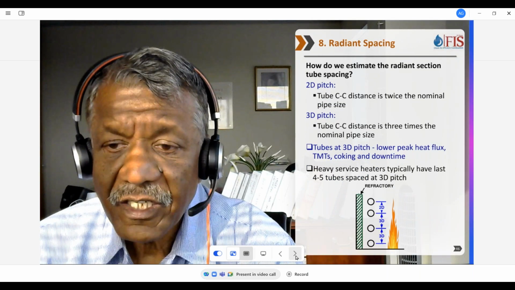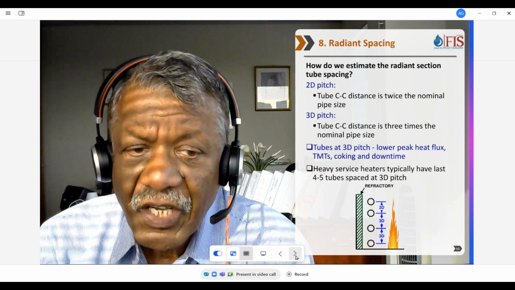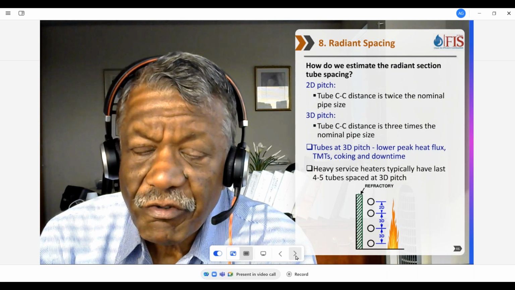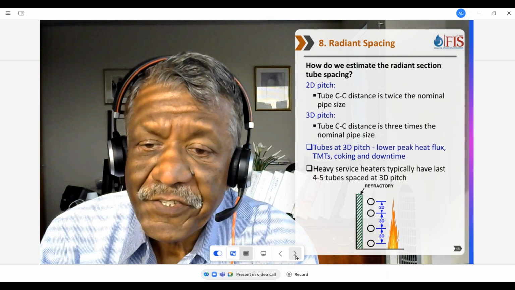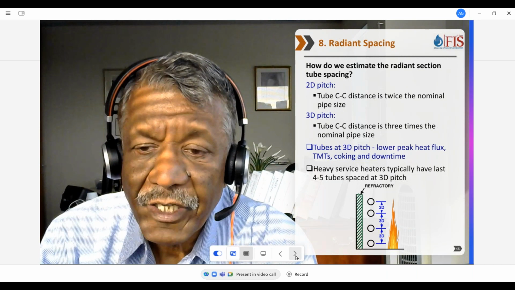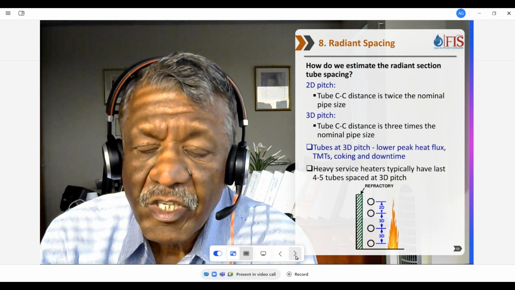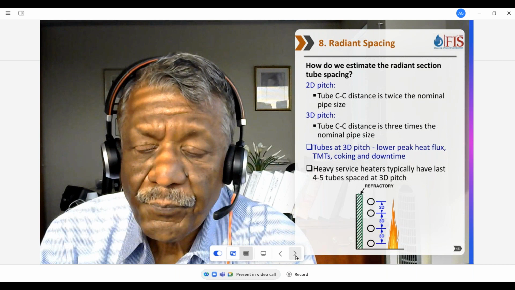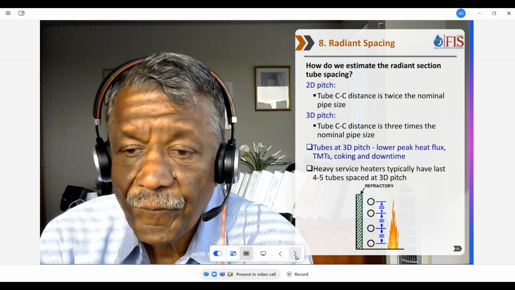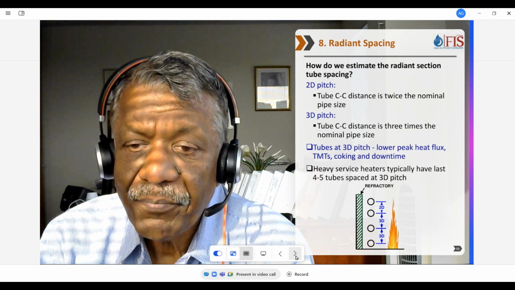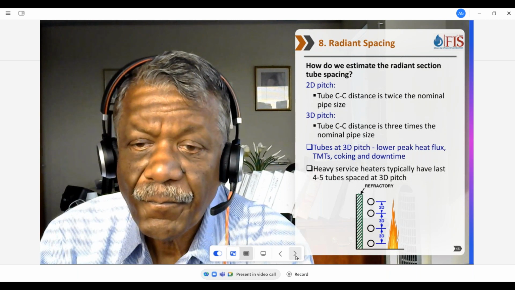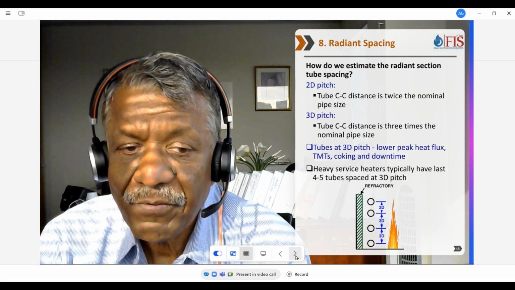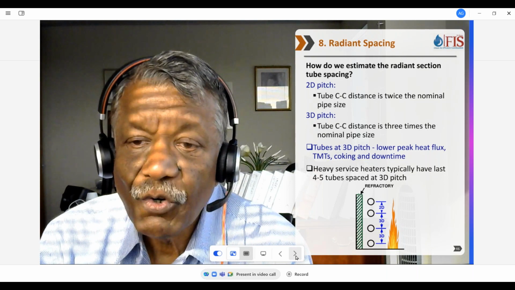As a client, I will tell you a couple of things. What you need to see is, the bigger the radiant section, the better will be your heater. More heat duty in the radiant section means a better heater. Lower heat flux means a better heater. Another thing you can see in vertical cylindrical heaters is to calculate the floor heat flux.